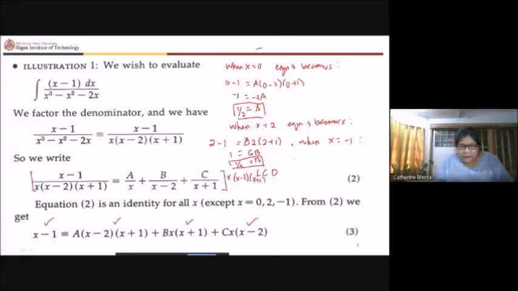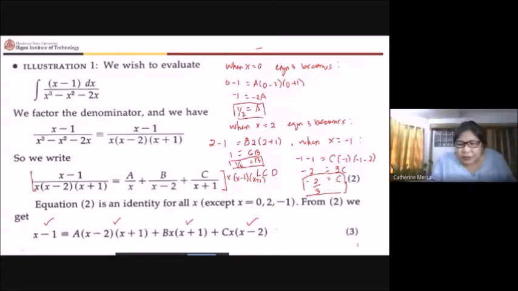So, you will now have negative 1 minus 1 equals c times your x, negative 1, times negative 1 minus 2. So, negative 1 minus 1 minus 2 is negative 3 times negative 1, positive 3. So, you have 3c equals negative 2. So, your c now equals negative 2 over 3.